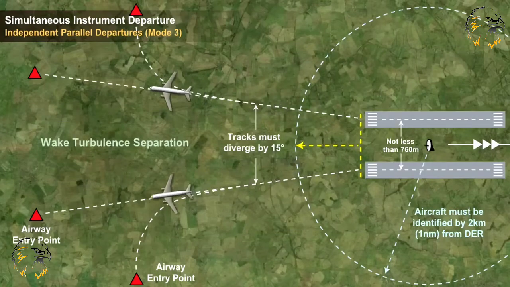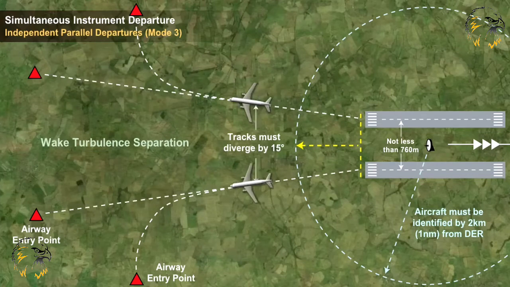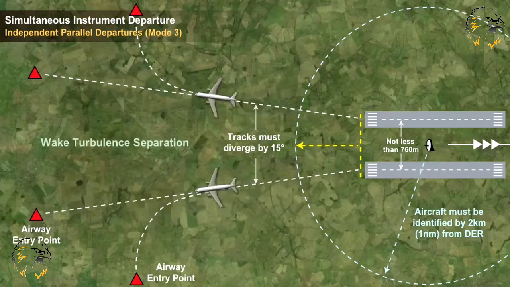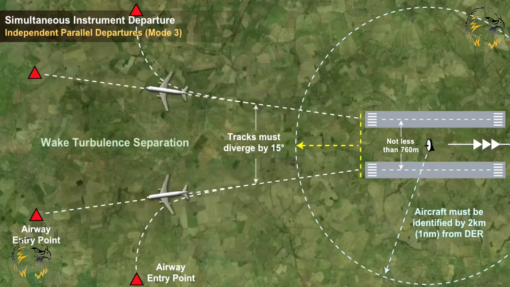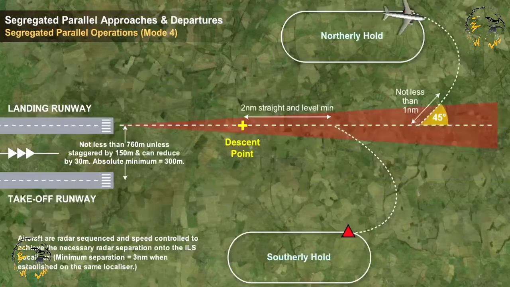The second is the simultaneous instrument departure, which has one mode of operation, Mode 3. This is when independent parallel departures take place for aeroplanes simultaneously departing in the same direction from parallel runways. The third, segregated parallel approaches and departures, has one mode of operation, known as Mode 4.